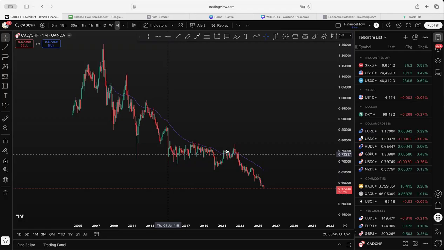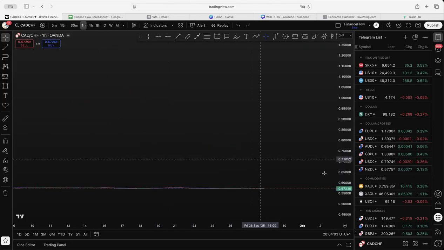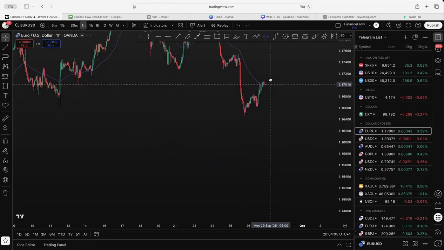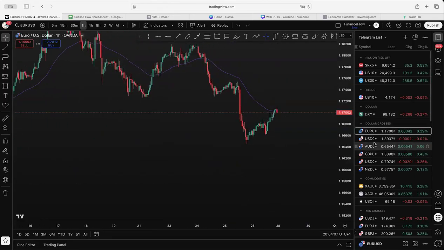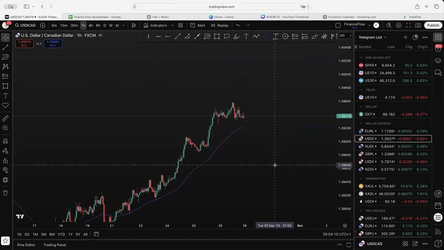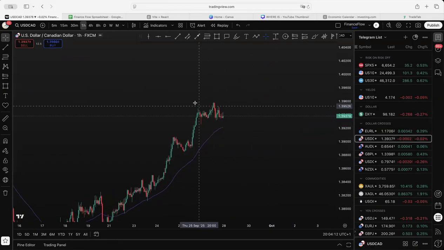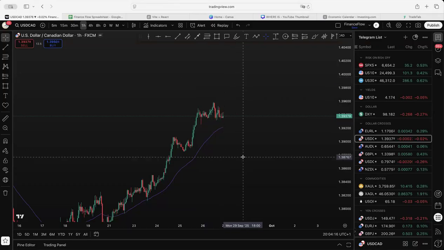Obviously, what is a confluence? A confluence is a reason why you're going to take a trade. It's just a nice extra thing to add into your arsenal, where you can add that extra confidence. For example, say for some reason here you had CAD longs.